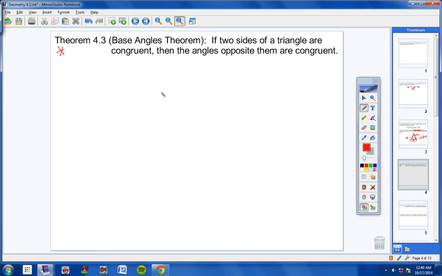Please copy that in your notes. If two sides of a triangle are congruent, then the angles opposite them are congruent. Go ahead and draw this triangle in your notes, please. Copy this down. Then mark this side here congruent to this side here.